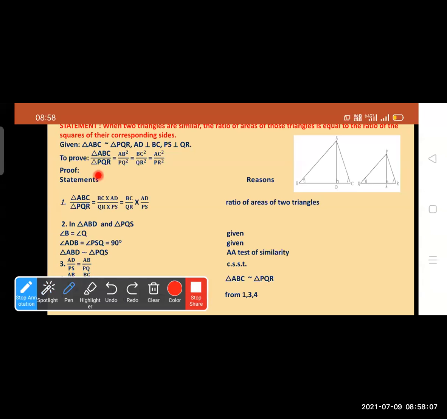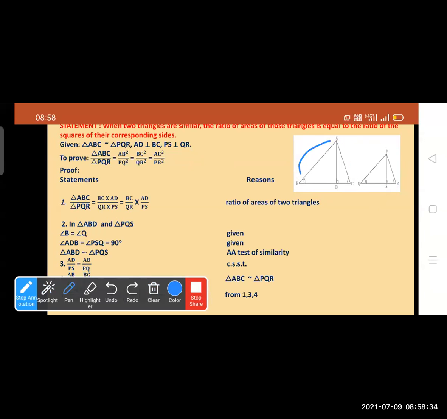Corresponding sides means AB square by PQ square, BC square by QR square, and AC square by PR square. So this we want to prove here. So we write the proof statement: area of triangle ABC to area of triangle PQR is equal to AB square by PQ square.